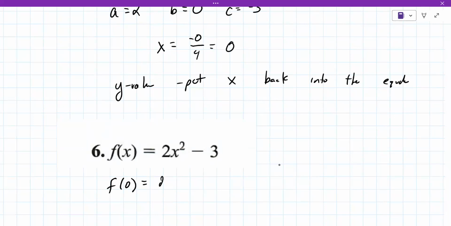You got to put 0 in for X. What does that become? Negative 3. You got it.